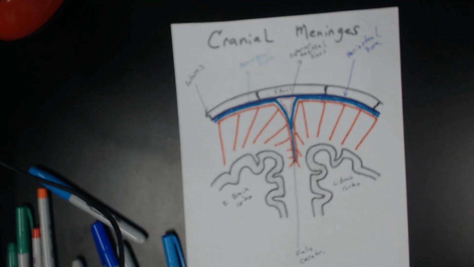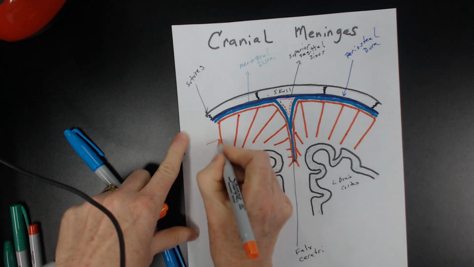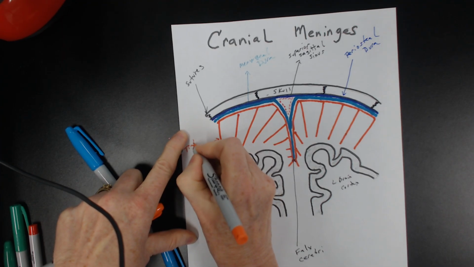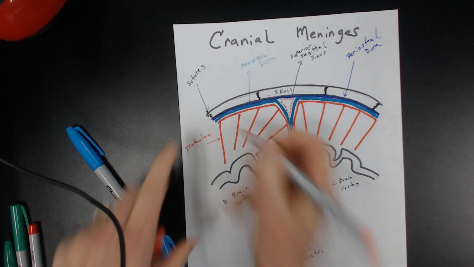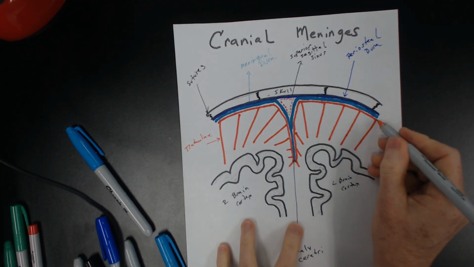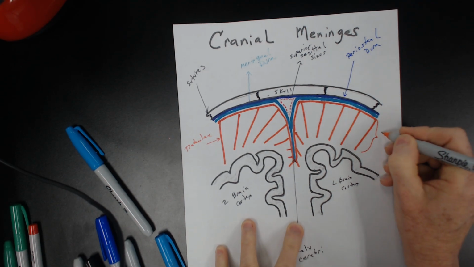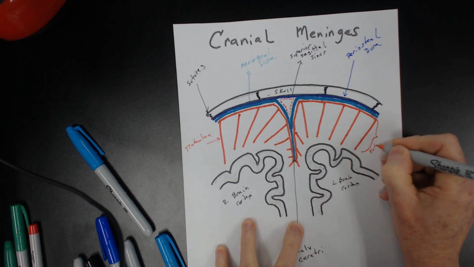Label these here. These are going to be your trabeculae. And make it clear, this space here created by the trabeculae, that's your subarachnoid space.